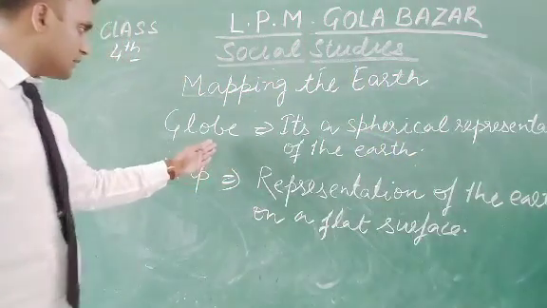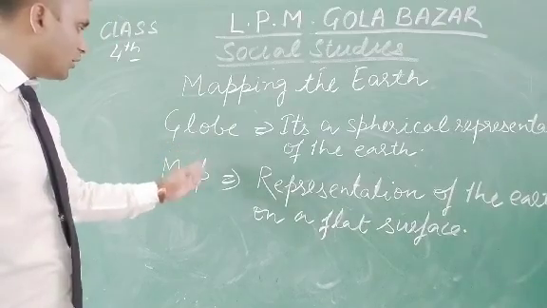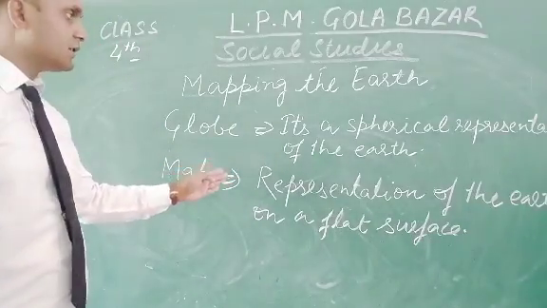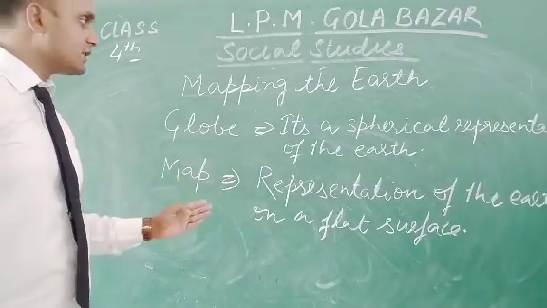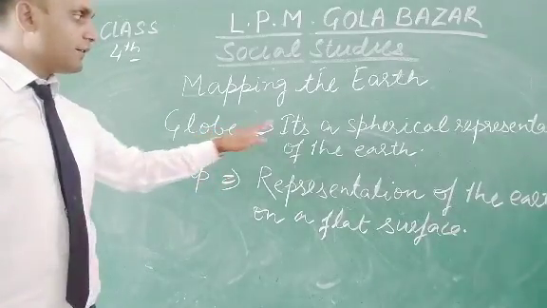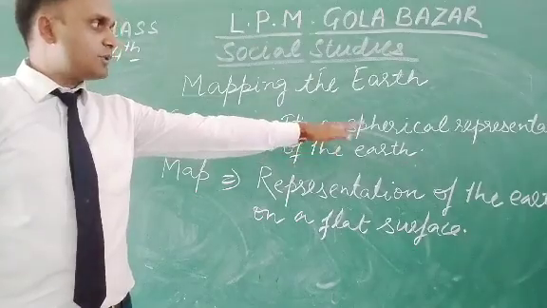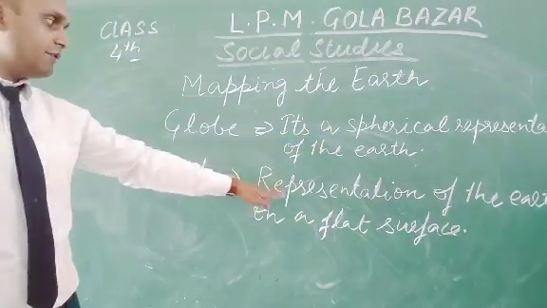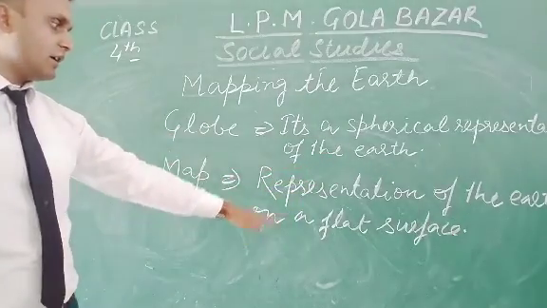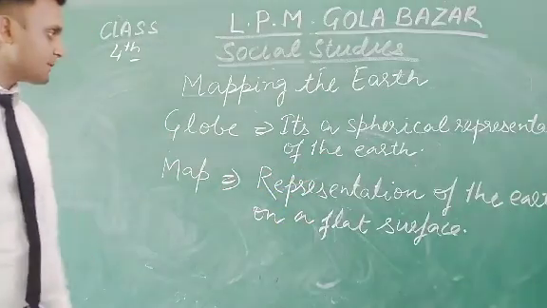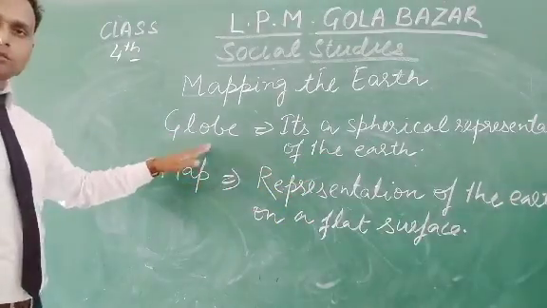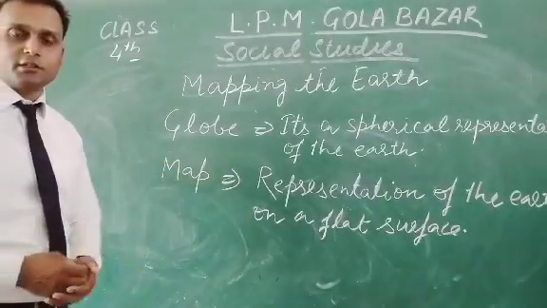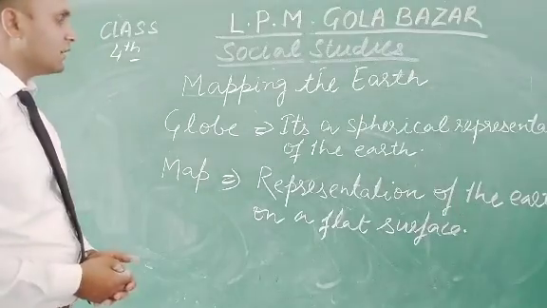In both globe and map we have a representation of the earth, but the difference is that on a globe we have a spherical representation, and in a map the representation of the earth is on a flat surface. This is the most common difference between globe and map. This was the revision of yesterday's points.